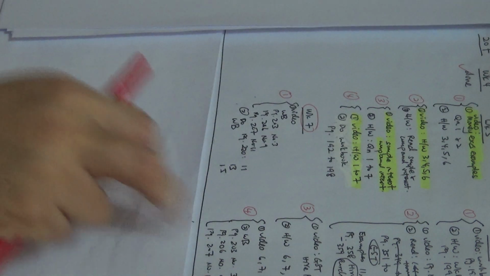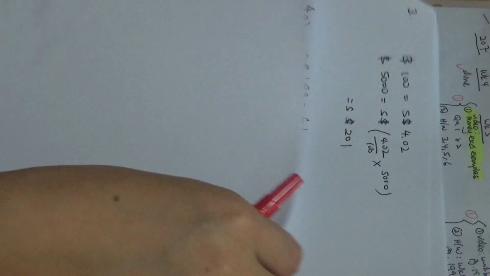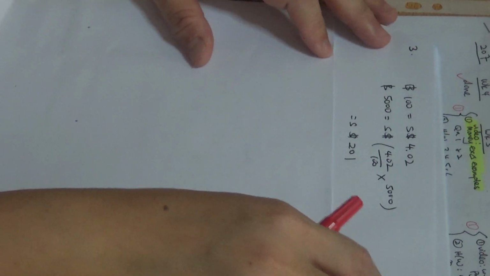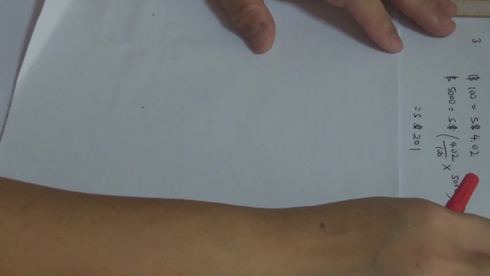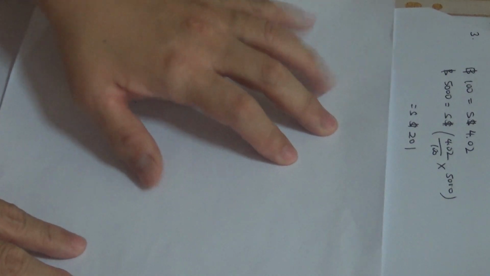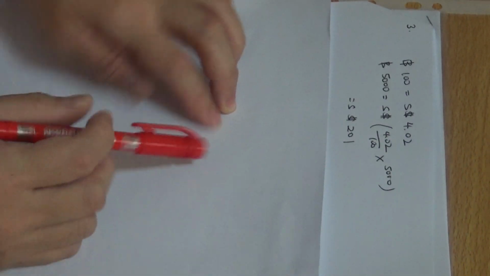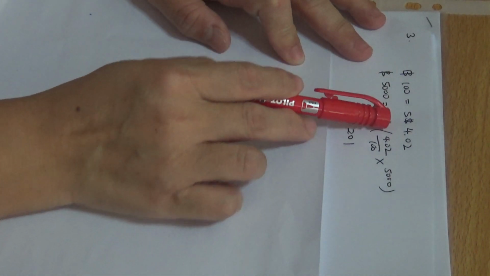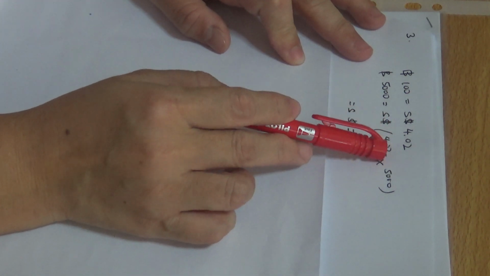Okay, question number 3 is a straightforward question. You just have to line up properly again. The conversion rate, Thai baht 100, Singapore dollar 4.02.